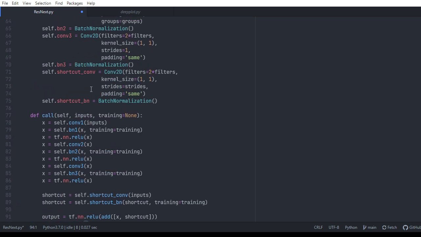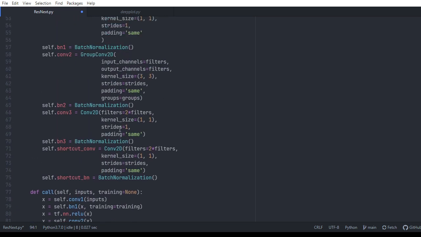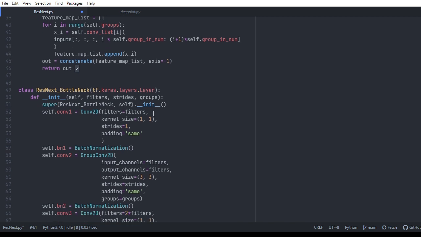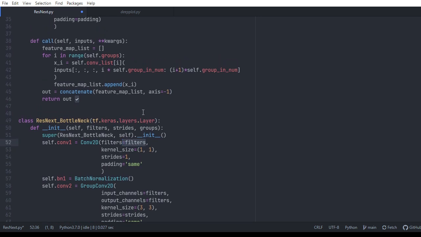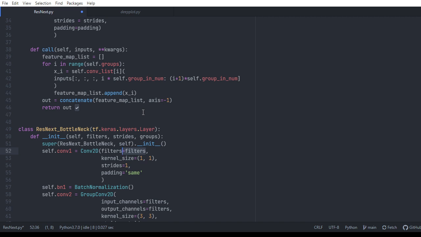We see that we call the normal convolution. We saw that it has kernel size 1 by 1, then the filters were 256. The input filters were 256. So if it were PyTorch, we would have specified the input and the output filters.